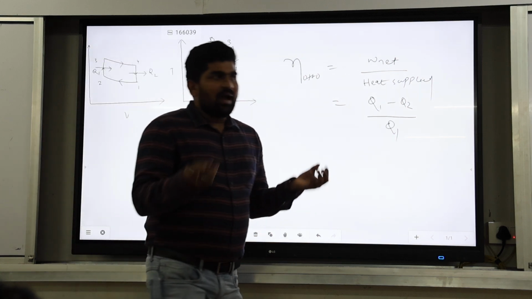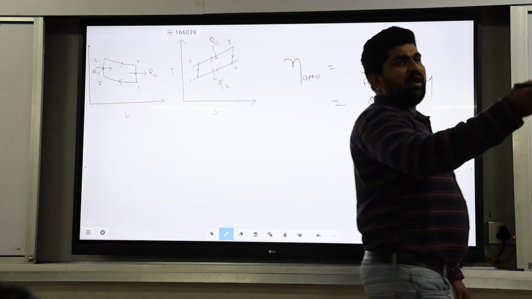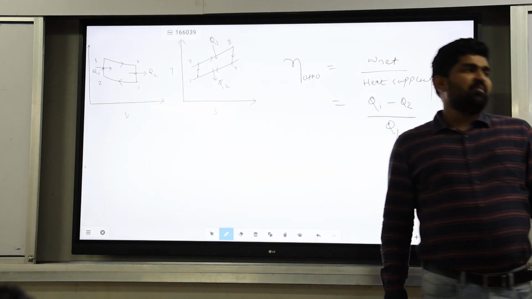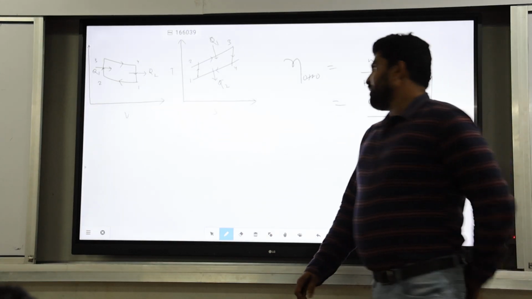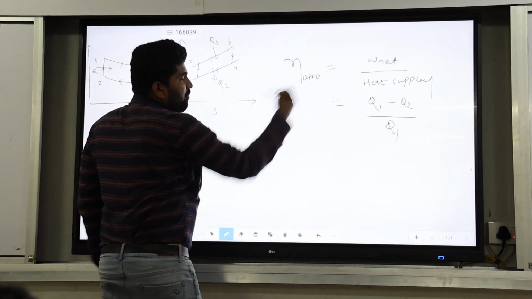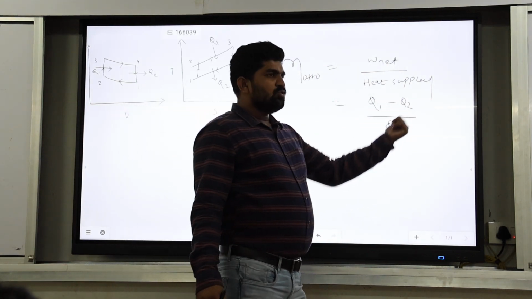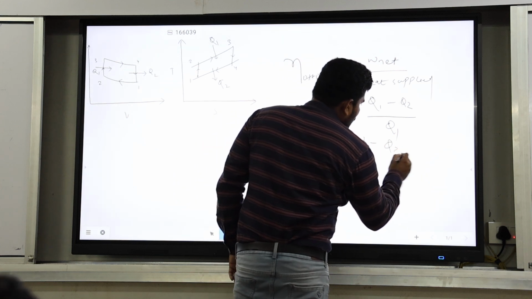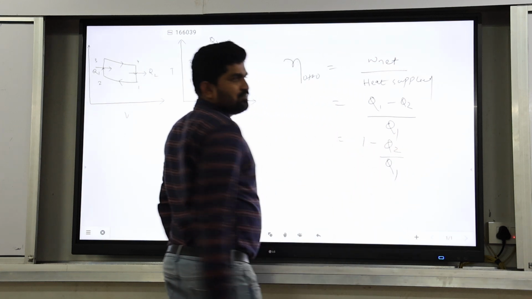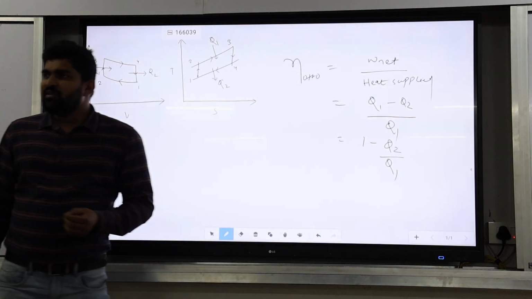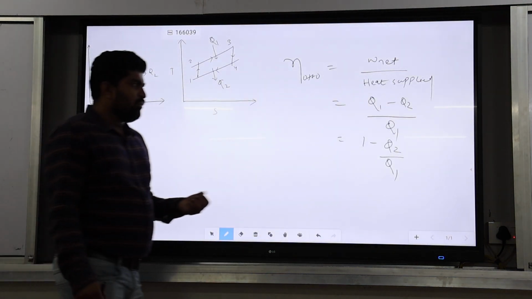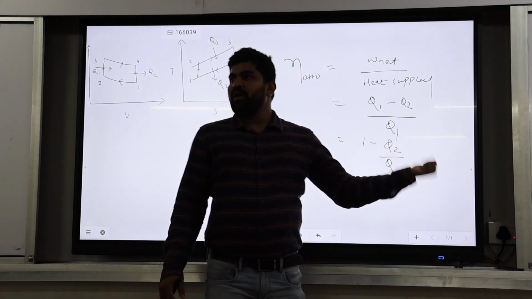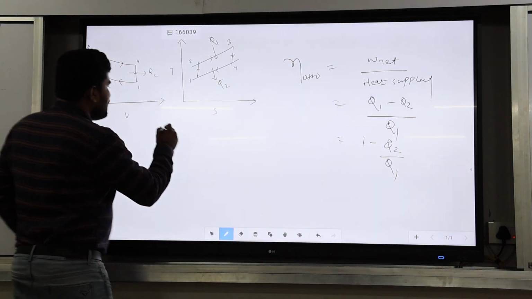So W net equals Q1 minus Q2, and efficiency is equal to 1 minus Q2 by Q1. If the heat supplied and heat rejected are given, you can use this formula: efficiency equals 1 minus Q2 by Q1. So now, what are Q1 and Q2?